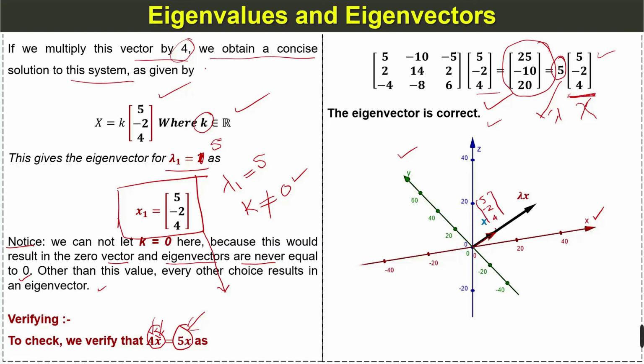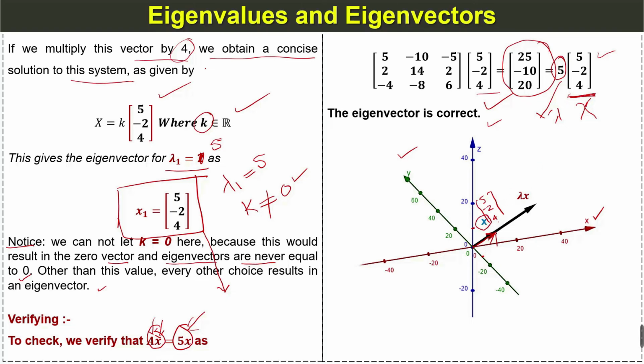Here x is 5, y is minus 2, and z is 4. So this is the vector x.